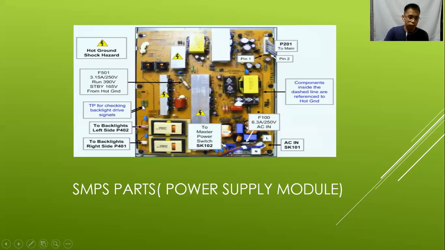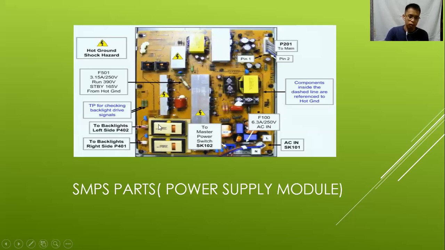Okay, so this one is for the backlight signals, to the backlight left side and to the backlight right side. So these are the backlight driver transformers, and this is also for inverter, for LCD, and for LED.